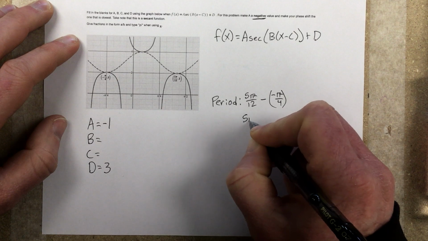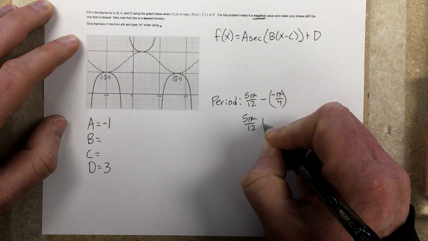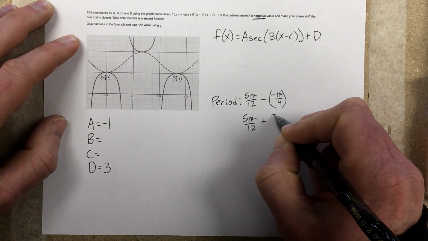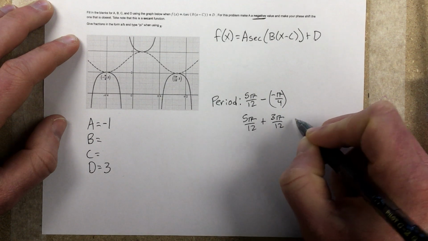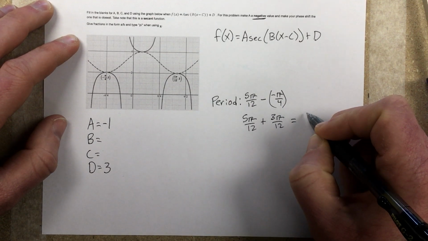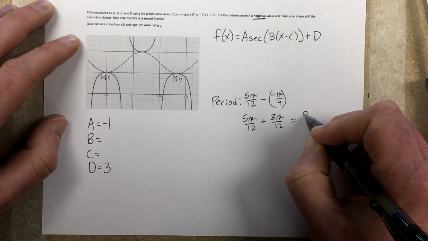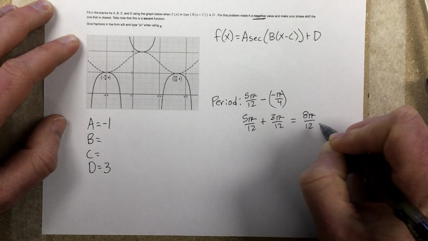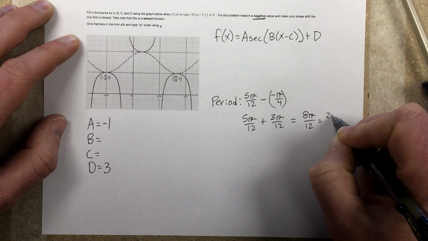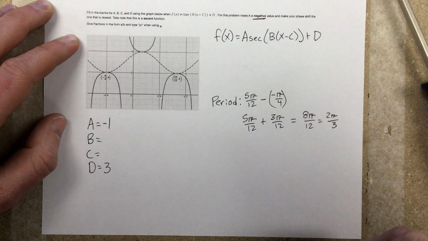This is really 5 pi over 12 plus, multiply this by 3, 3 pi over 12. So I end up with 8 pi over 12, which if I reduce is 2 pi over 3.